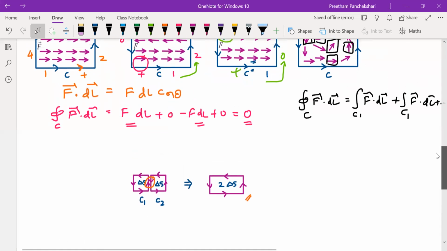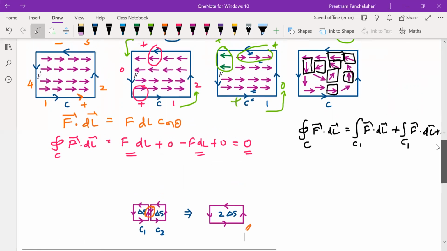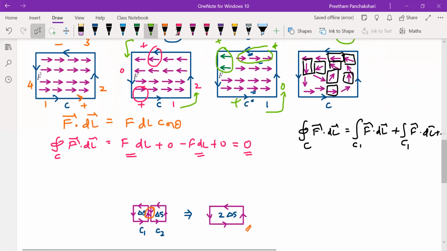And if you compare all these examples here, the area also matters. So a larger area includes more circulations, a lesser area includes less circulations.